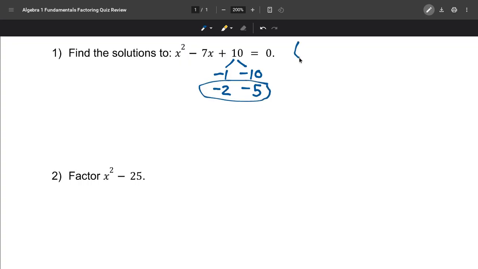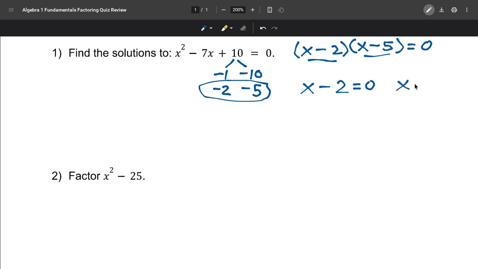So I can write this in factored form as x minus 2 times x minus 5, and that's going to be equal to 0. I can now set each of these factors equal to 0. So I can say x minus 2 equals 0, and x minus 5 equals 0.